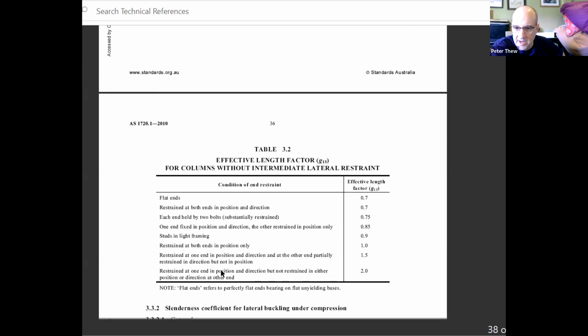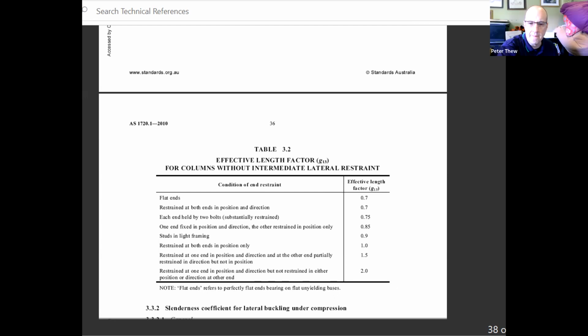If it's restrained in one end in position and direction, but not restrained at the other in position or direction, then it's 2.0. That's the flagpole situation. We've got this load on top, but it can go in any direction and rotate.